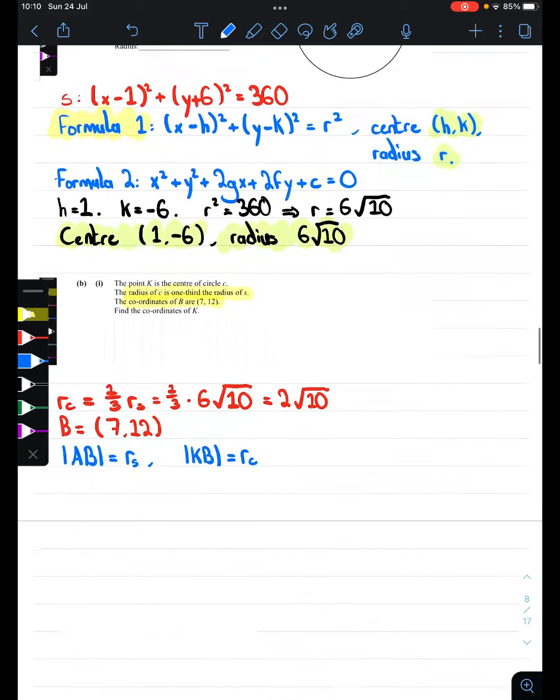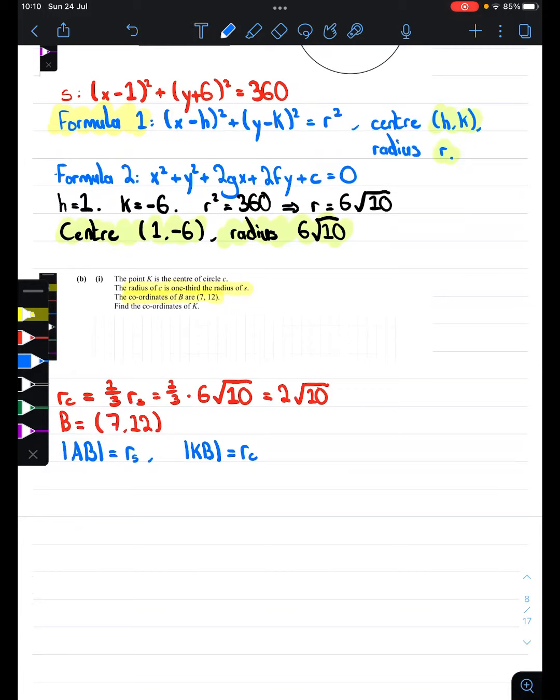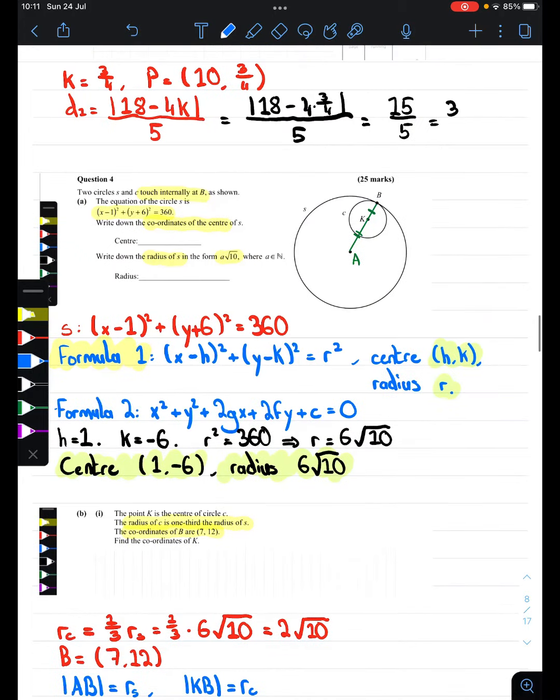Since RC is 1/3 RS, AB is just 3RC. And so AK is AB minus KB.